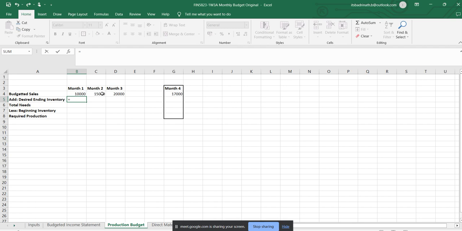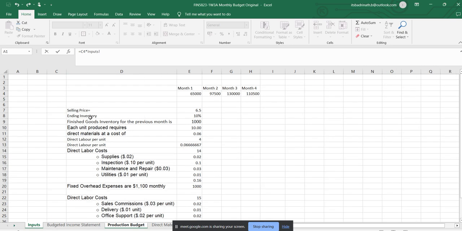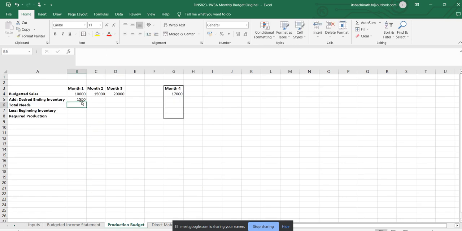So it will be equal to this into 10%. 10% is an input and it is mentioned here, so please mention the inventory input like this and take this value. I'm making this static; when we keep the dollar symbol, it becomes static. So this is the inventory for next month, and I'm dragging it like this.